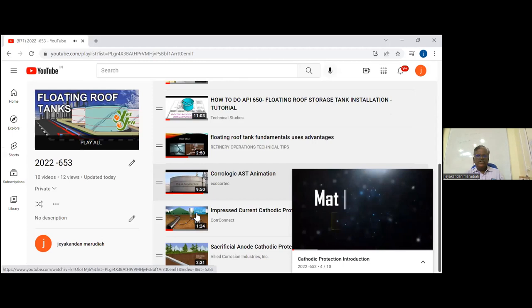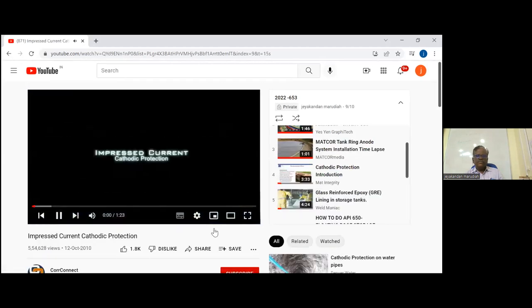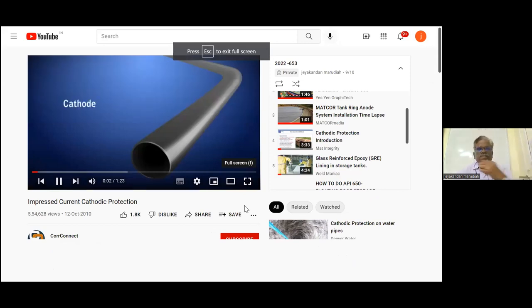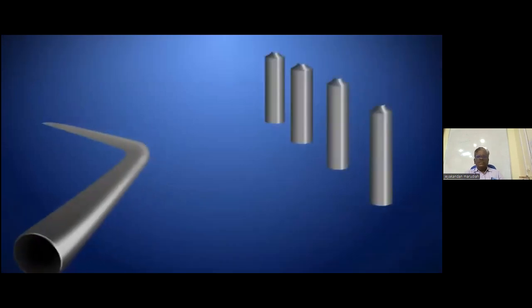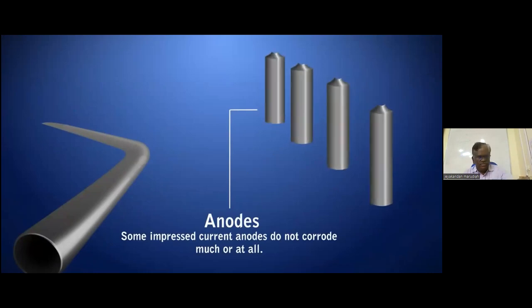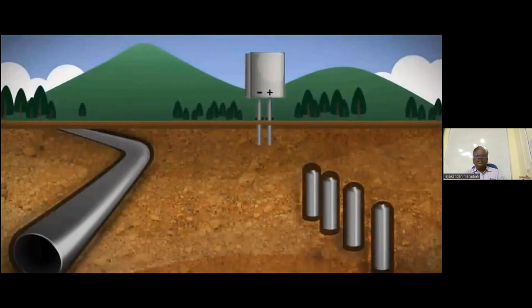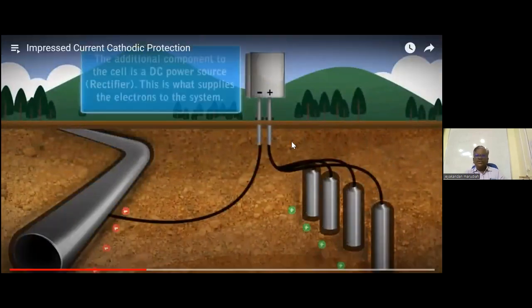I have one video on impressed current. The metal being protected is called, this is related to piping, but it is the same. So these are the anodes. This is the rectifier, and the rectifier will be connected here.